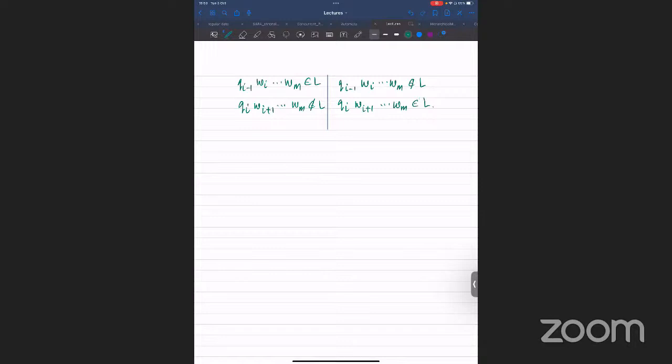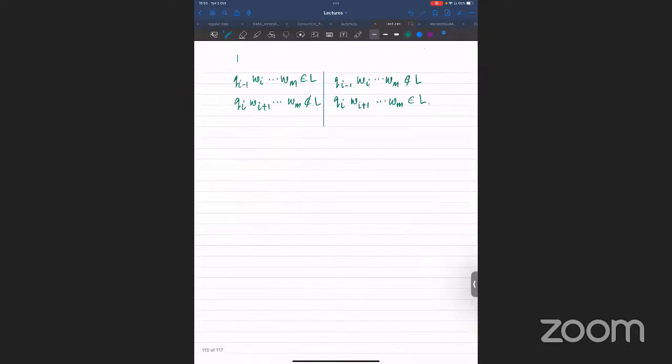One of the two cases, depending on the counter example, whether the counter example W belongs to L or not. These are the two cases. And this is based on Qi minus 1 being correct.